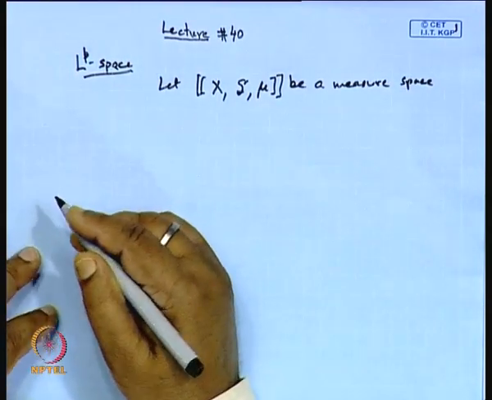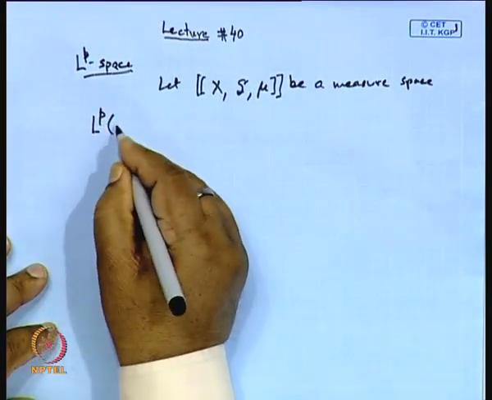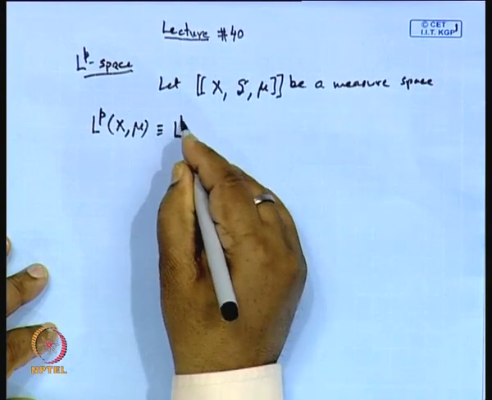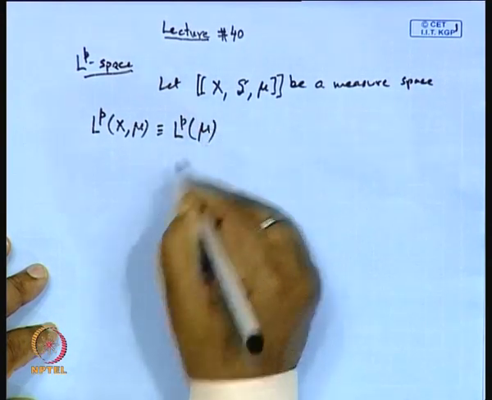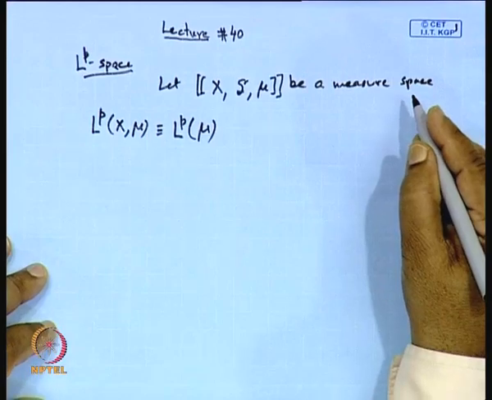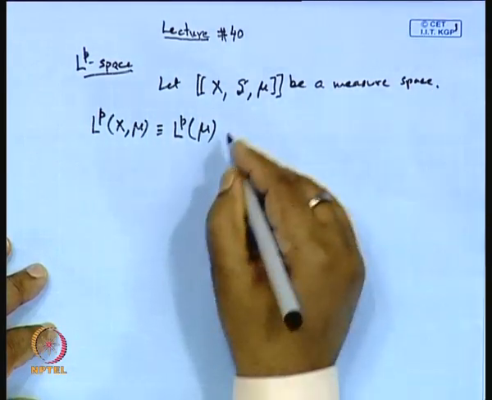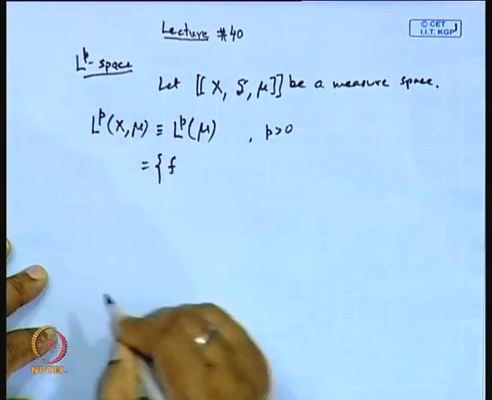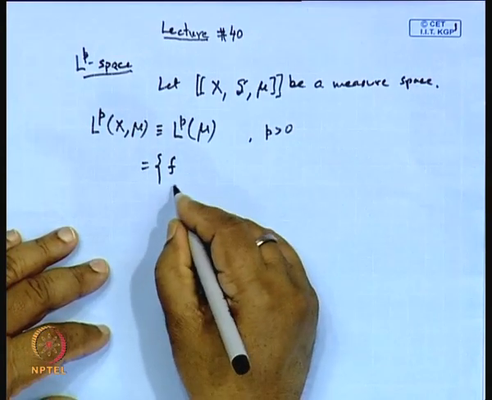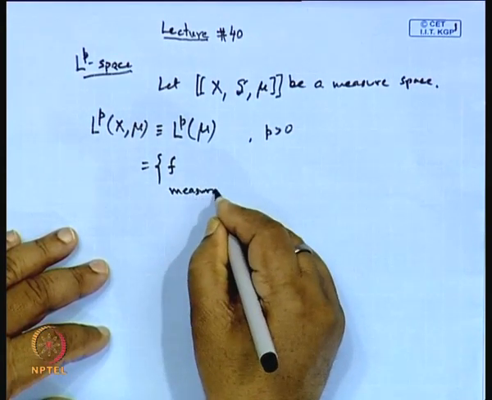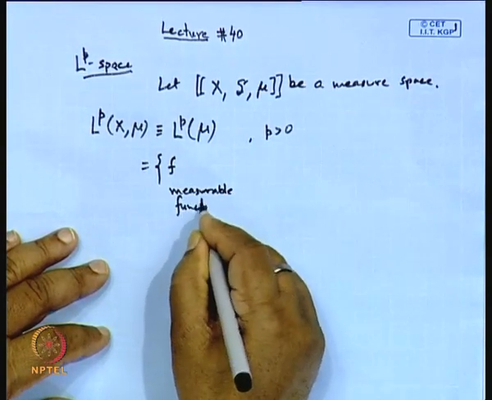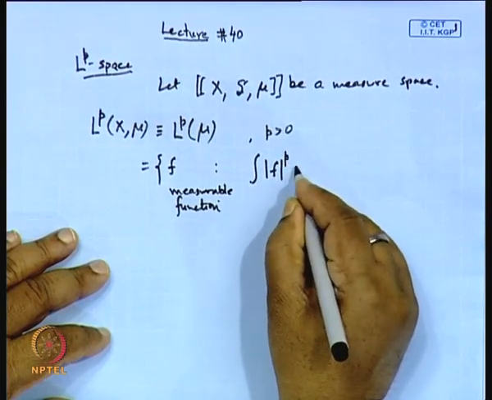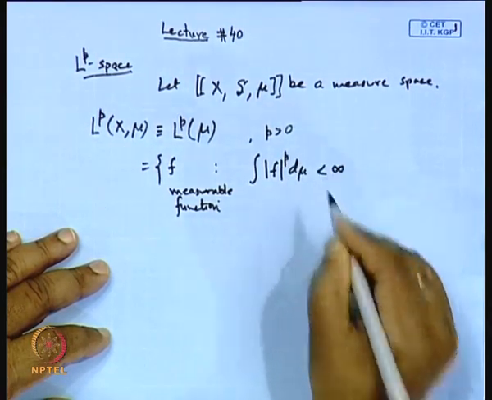Then the capital LP space, we denote with capital LP(X, mu), or briefly we can also write capital LP(mu), where p is greater than 0, is defined as the set of all measurable functions f such that the integral of mod f to the power p d mu is finite.